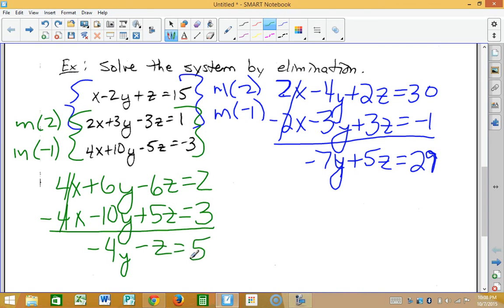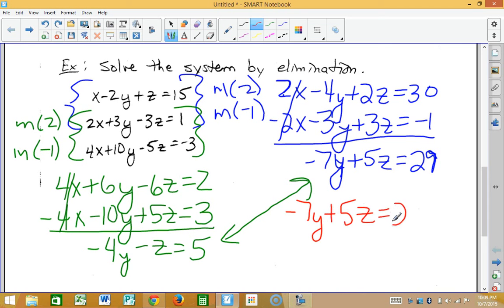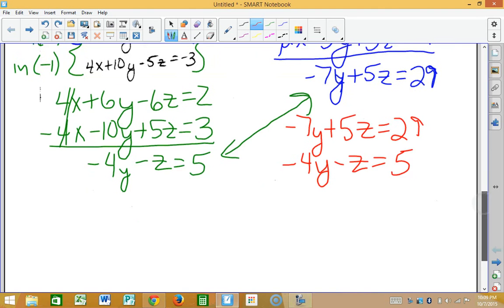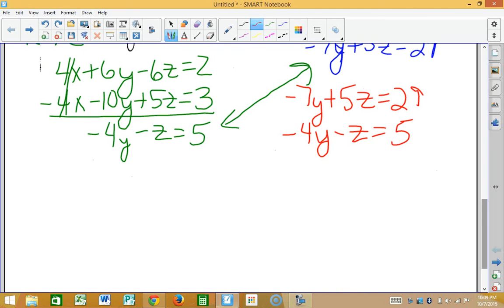All right, so as you can see here, both of these equations that we just created, okay, both of them, so we got negative 7y plus 5z equals 29, and we have negative 4y minus z equals 5. So as you can see in both equations, they both have x eliminated out.